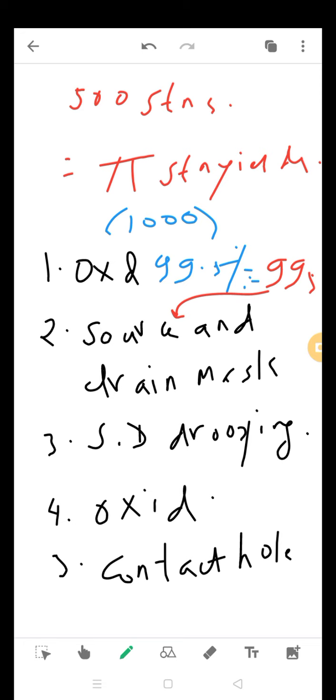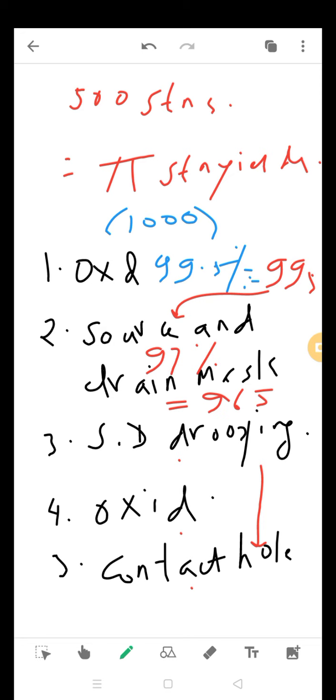In the next step, if the yield is say 97%, the wafers that come out of the source and drain mask will be 965. In that way, each and every step has its own yield, and the wafers which come out from the previous steps are used as the source wafers, and slowly the yield drops down.